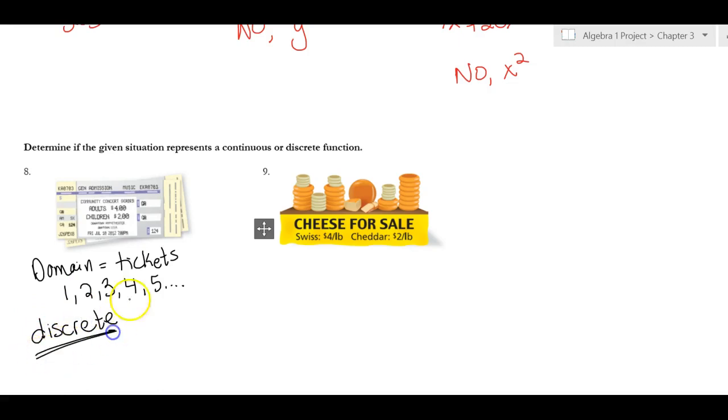You cannot buy half of a ticket or 1/3 of a ticket or 3/4 of a ticket, so it makes it discrete. Okay? Over here on this side, I'm talking about cheese. And for this one, the domain would be how much cheese I buy. There are two different amounts, but it doesn't really matter which one I look at. I'm just going to look at Swiss right now, how much cheese I buy.